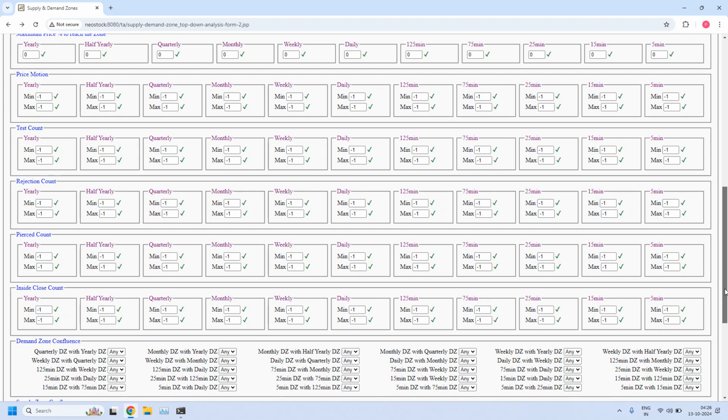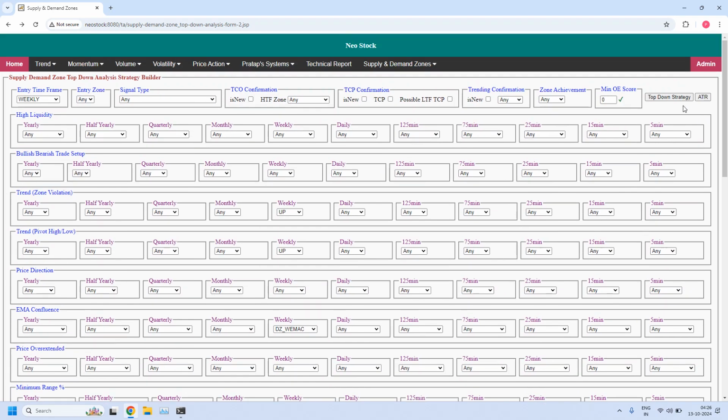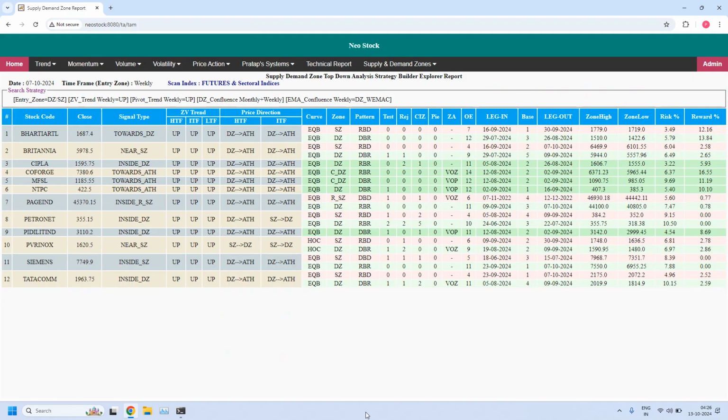So in the demand zone confluence, weekly demand zone with monthly demand zone confluence, I'm enabling the filter. Let's verify. See, now the list is reduced to 12. Now see the search strategy. See, this is the main advantage of our strategy builder. We can define hundreds of strategies using the strategy builder.